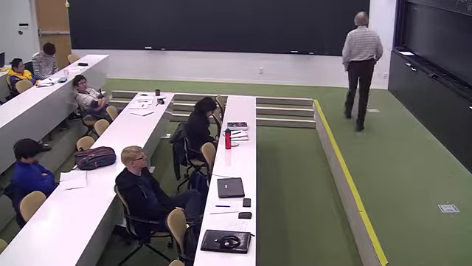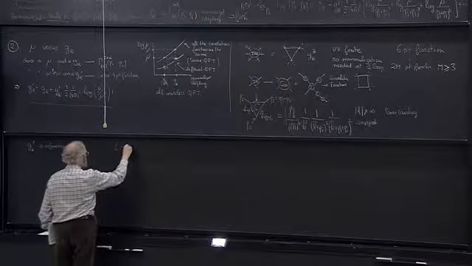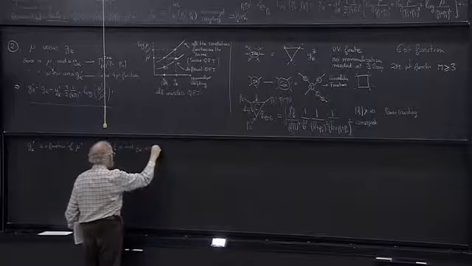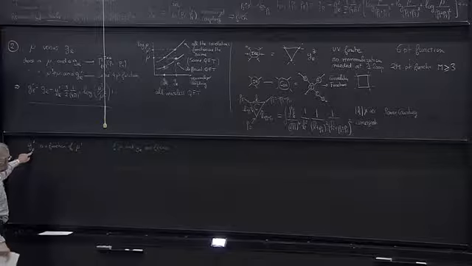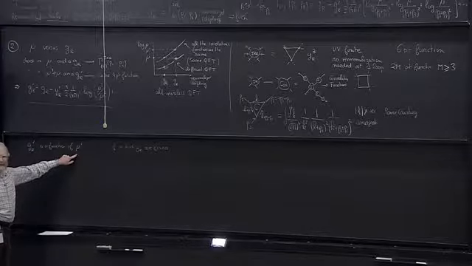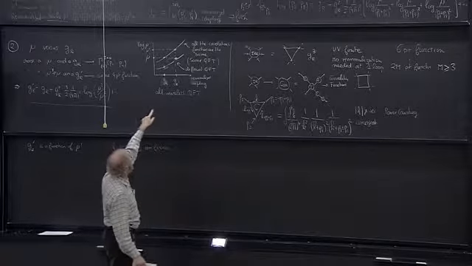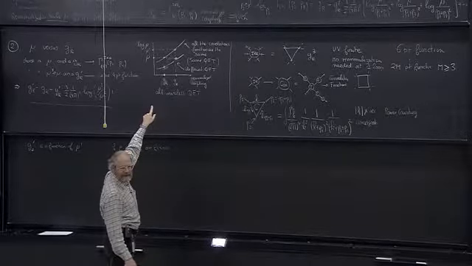OK, so you see that if mu and GR are fixed, this relation defines that GR prime is a function of mu prime. It's just a parameterization of this curve when you express G as a function of log mu.